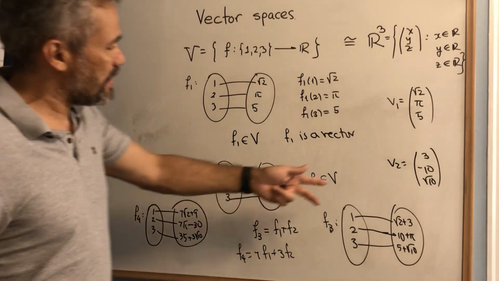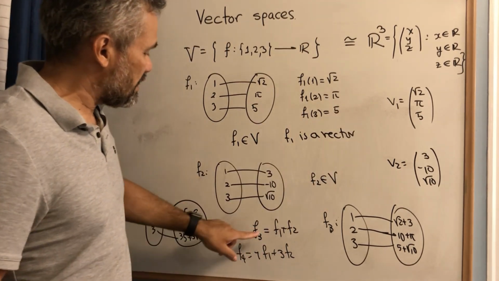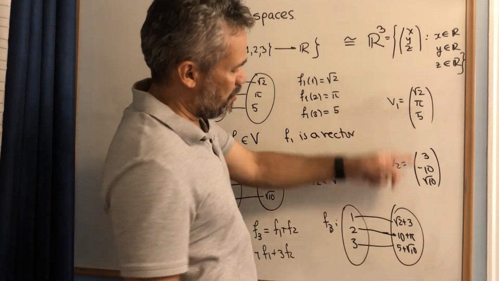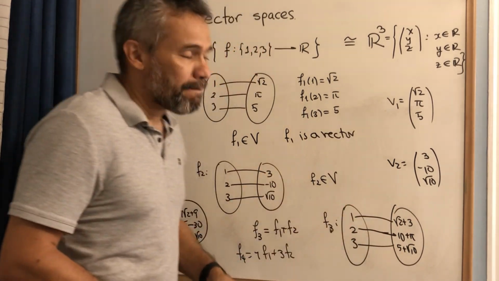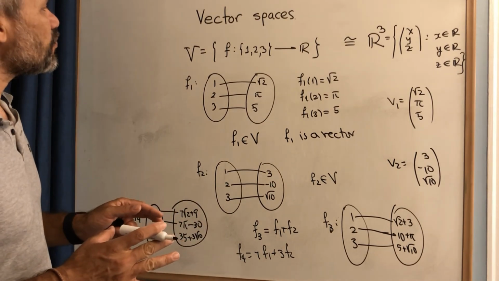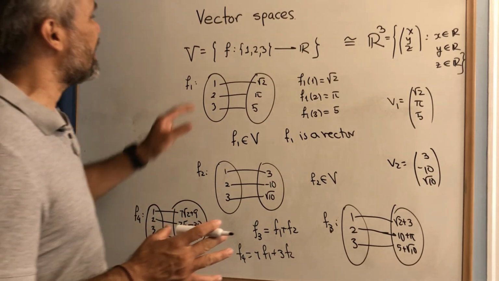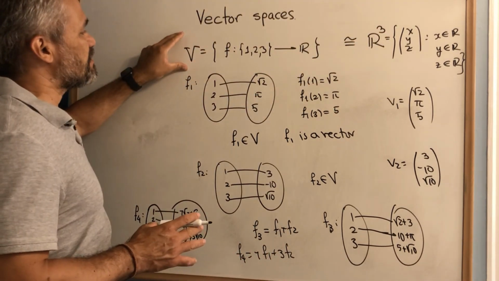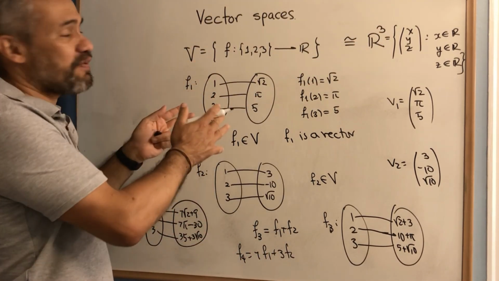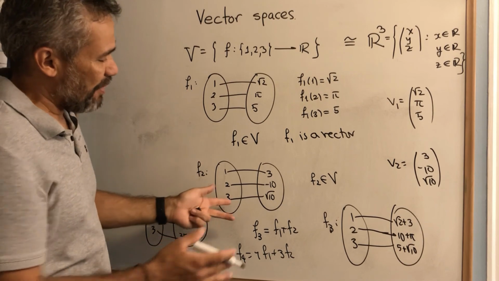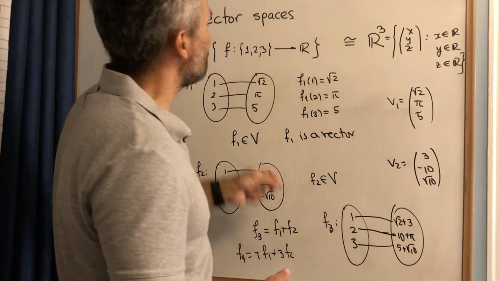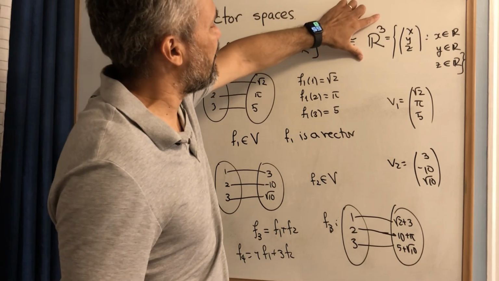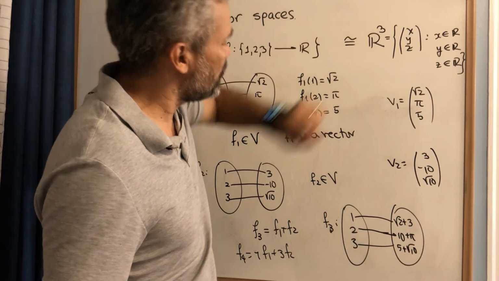When we do this linear combination v1 plus v2, we get the vector which goes with this function. Essentially there are as many elements in R3 and in this vector space. This vector space looks very fancy, very mathematical because it's a set of functions, but it's not much different from this vector space that we are very used to.